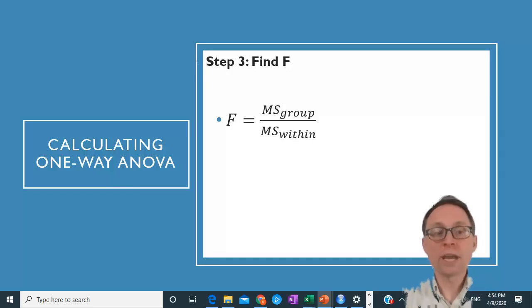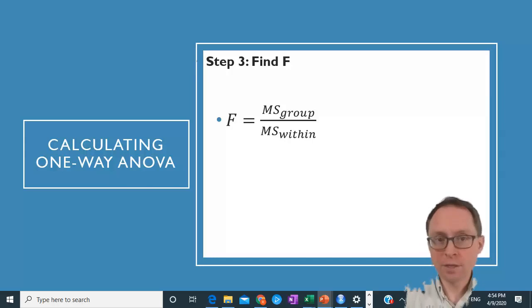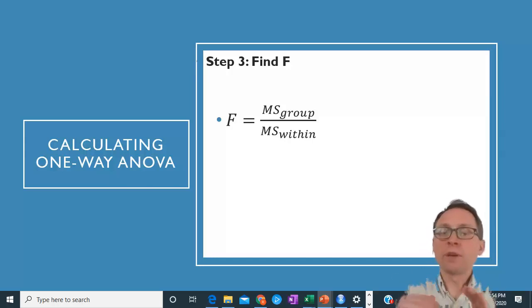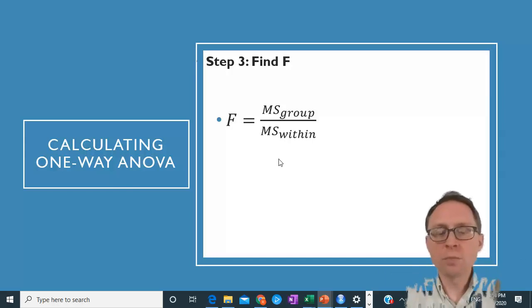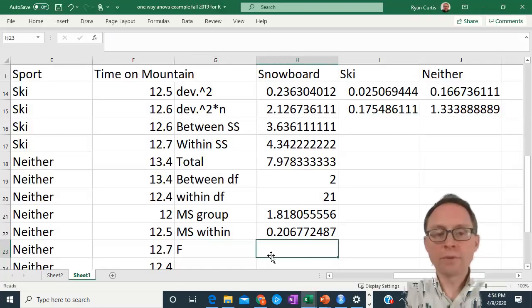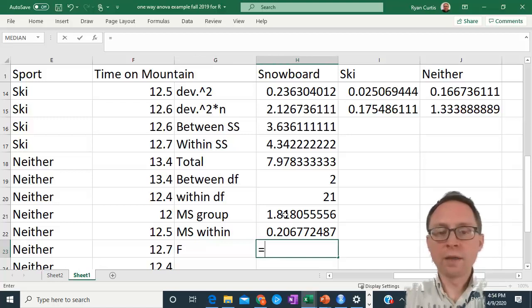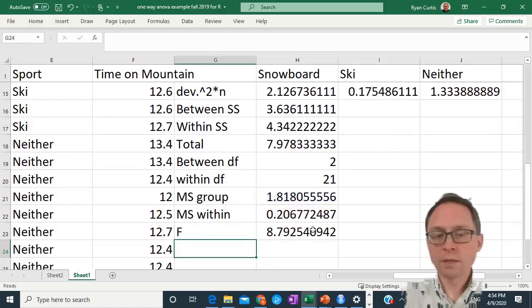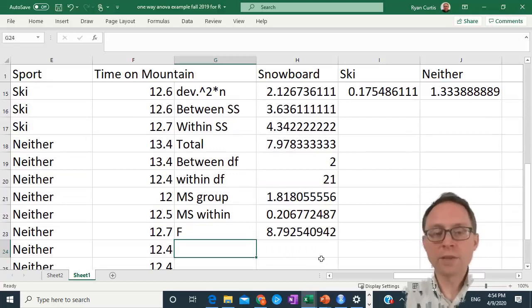This is why it's called analysis of variance, because we're dividing the variance between the groups by the variance within the groups. So F is the mean square group divided by the mean square within. When we do that, we get F equals 8.79.